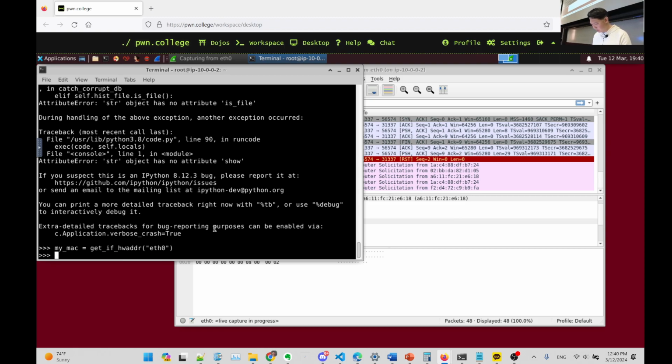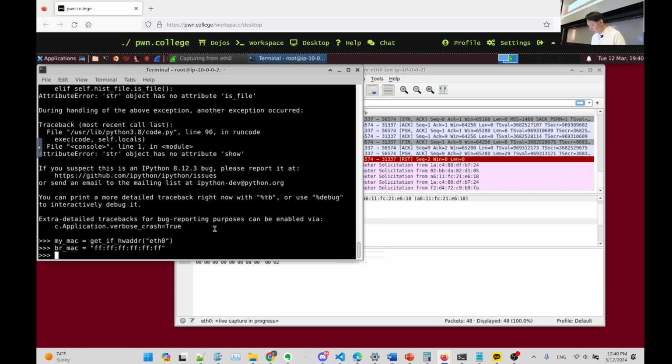Okay, and second, let's define the broadcast MAC address. Usually ff:ff:ff:ff:ff:ff, right? Now we can make the packet. What is the name? Ether.